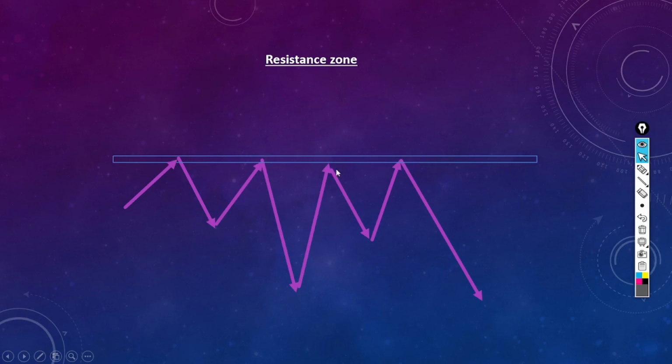That there would be considered a resistance zone, and it's a good area for selling because we know that when price approaches a resistance zone from below going up, it will either reverse or break through. More often than not, it will reverse at a resistance zone.